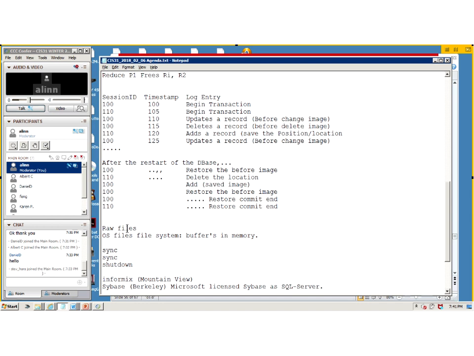They're called raw files. And in this case, you have to maintain your own buffering and recovery. The OS file system has buffers in memory. So if it fails, it may not be able to recover that file system.